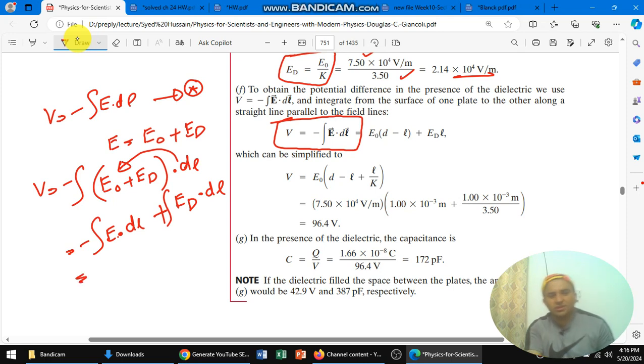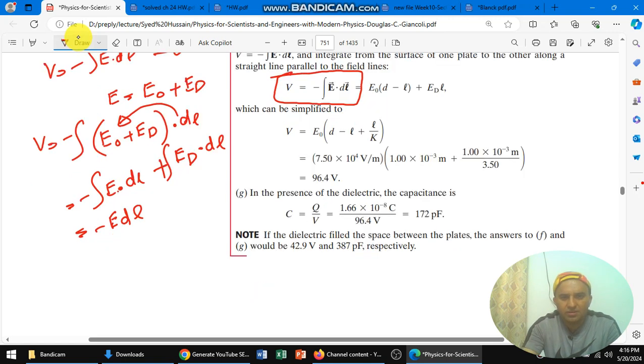So the dot product gives minus E naught integral dl plus E_D integral dl.